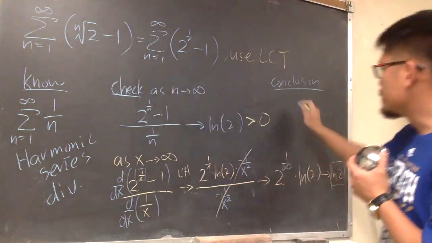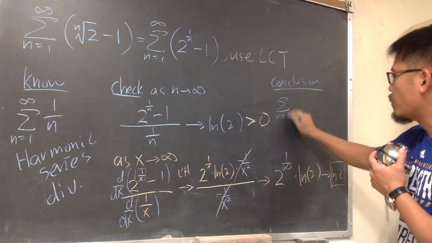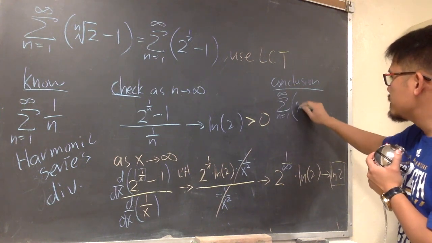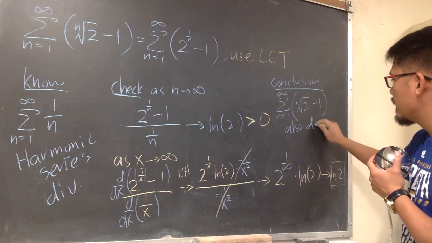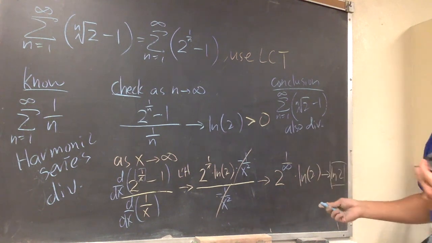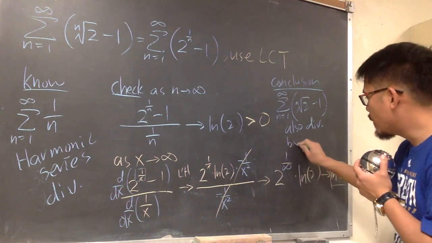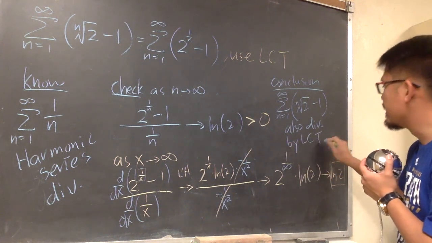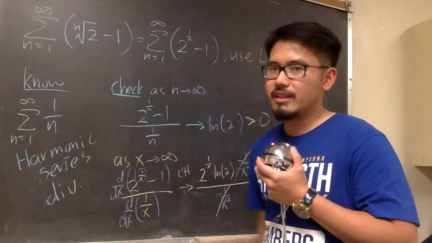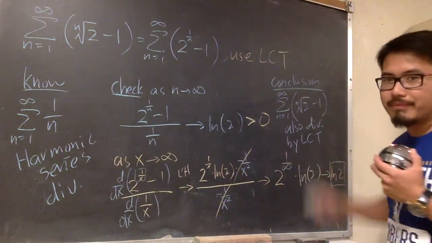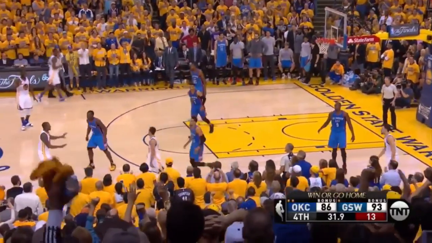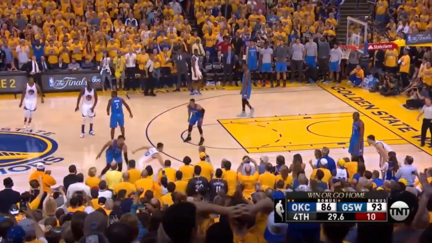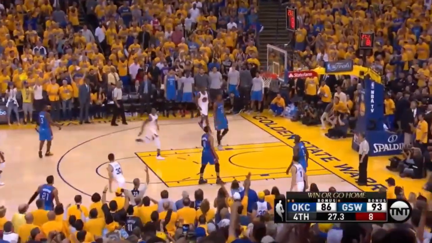The original series, the sum when n goes from 1 to infinity of the nth root of 2 minus 1, also diverges. And the way that we did that was by the limit comparison test with the things that we know. Okay, so this is what we have. That's all. That's it.